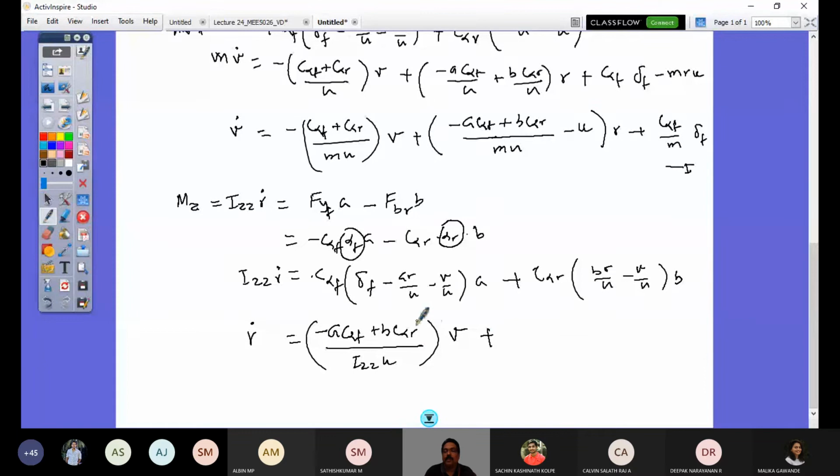Plus, then group all the coefficients of R terms.